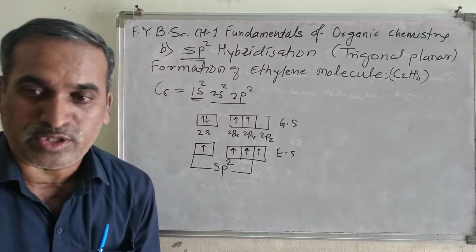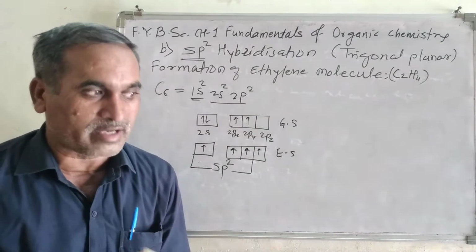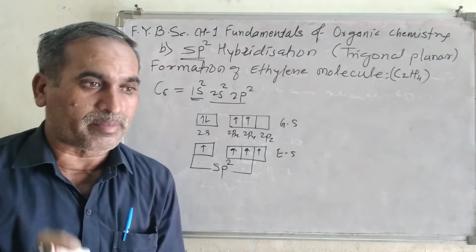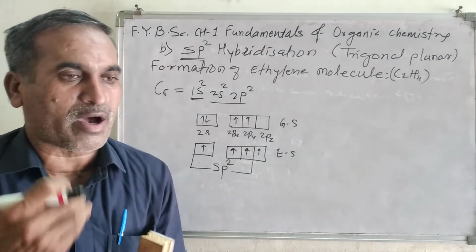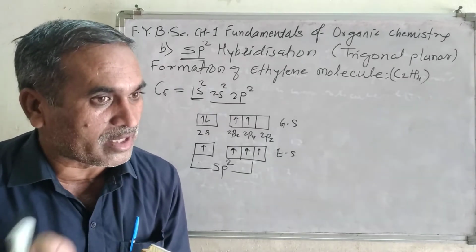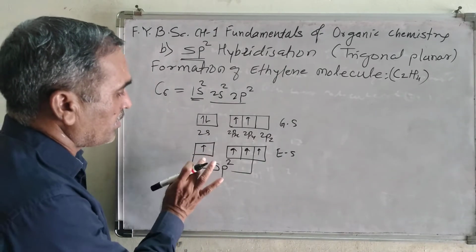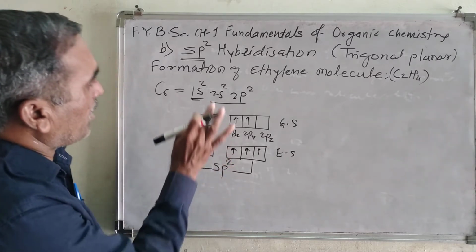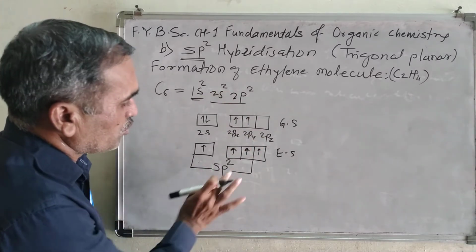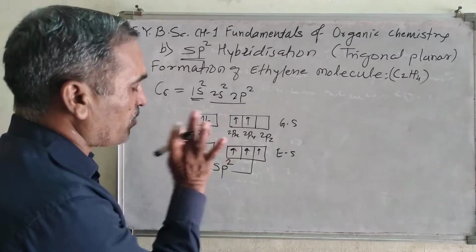As we know the principle, the number of atomic orbitals participating in hybridization equals the number of hybrid orbitals formed. Look here, there are 3 atomic orbitals, 1 s orbital and 2 p orbitals, so 3 new hybrid orbitals are also formed.